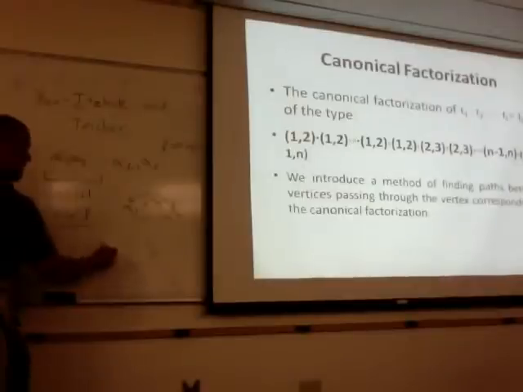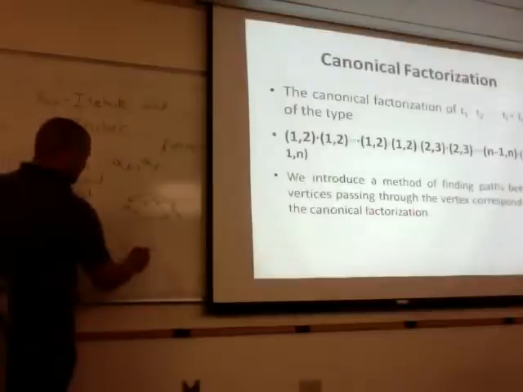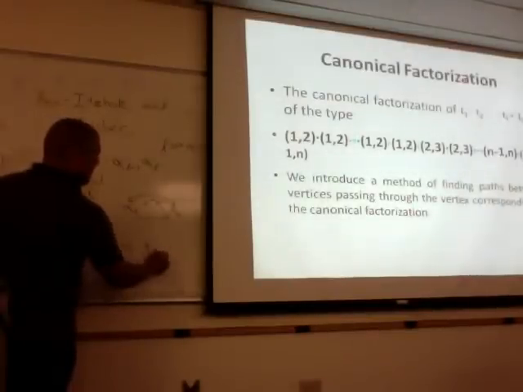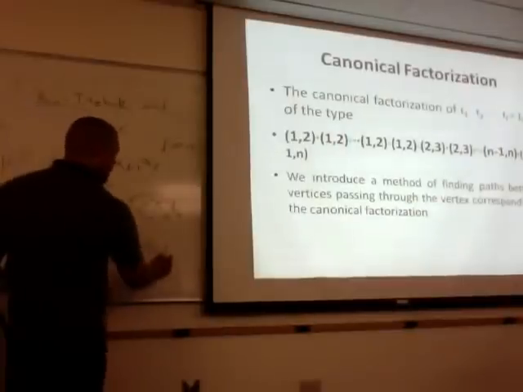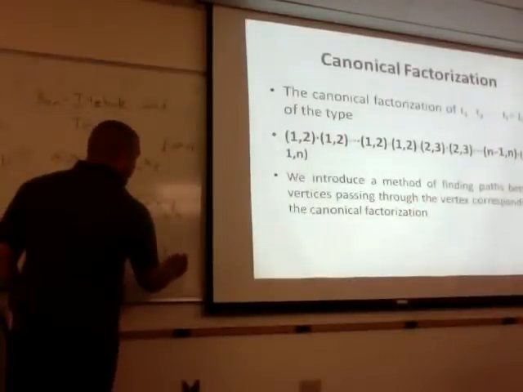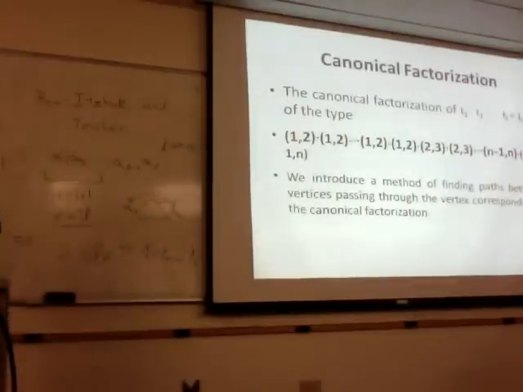So let's say I send them over here. And I'm going to have actually how many of them? n minus 1 of these pairs, 2 times n minus 1 of these guys, and so on. So far, so good.